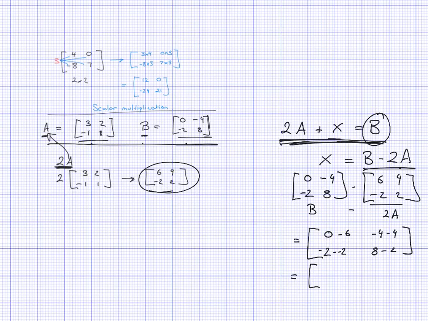Simplifying, I've got minus 6 in the top left, minus 8 in the top right, 0 in the bottom left, and 6 in the bottom right. So this is what X equals. You have found a matrix equal to X. If we go back to the original problem, 2A plus X equals B, we would find that if I add this matrix to the 2A matrix, the answer would be B.